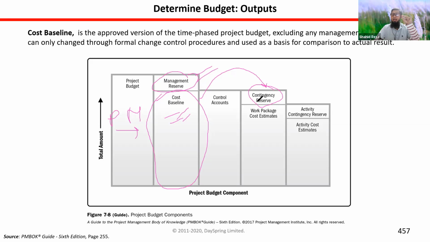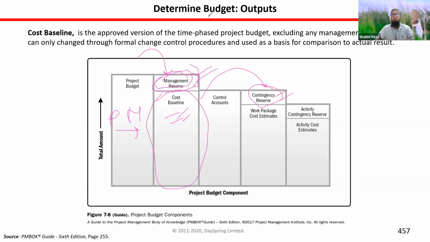So the project manager can use the contingency reserve because it is already approved by the management. But if you want to use management reserve for any adverse situation, you always have to take approval from management. That is not part of the cost baseline. That is extra money, and management always expects this money will not be used.